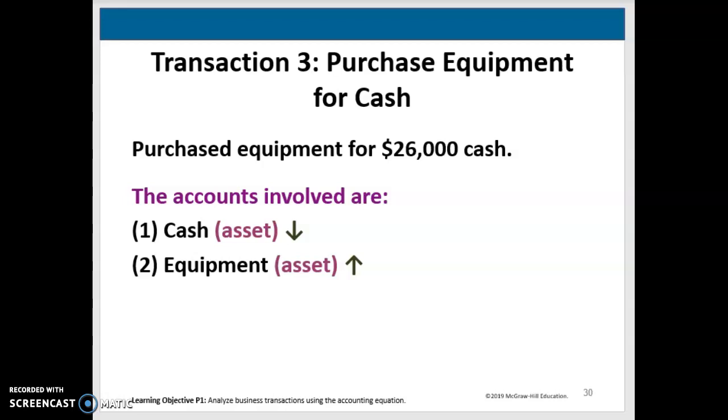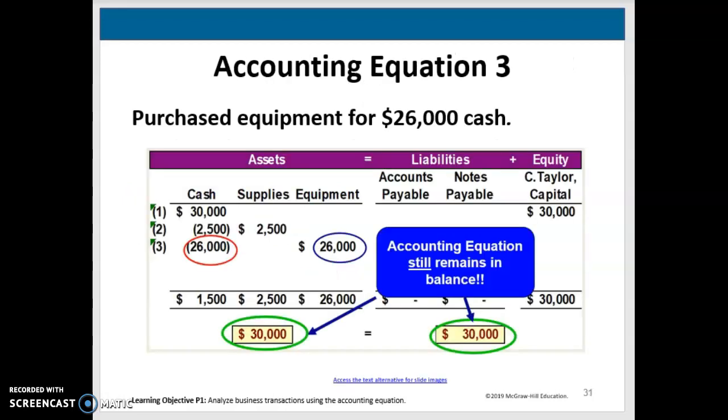Once again, we're exchanging one asset for another. We're getting equipment in exchange for cash. So what would our books look like after recording this transaction? Again, it's going to be the same. The accounting equation still remains in balance. We have $30,000 on the left side, $30,000 on the right side, which is what we want to see.